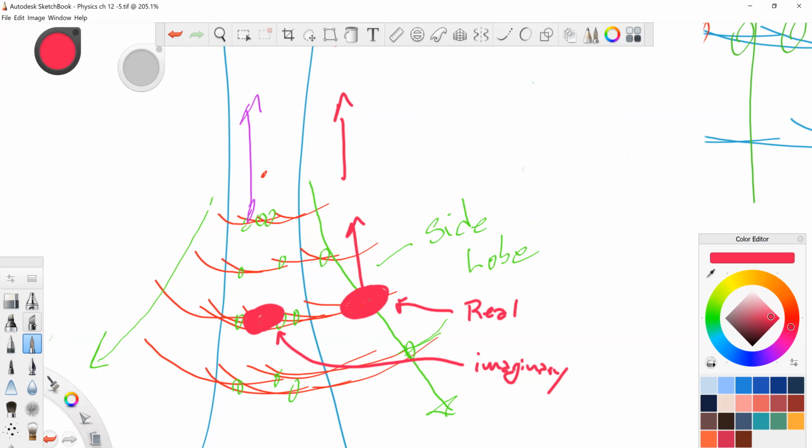The thing about this is that this doesn't always happen. This real object here had to be an object that reflected a lot of sound, so an echogenic object or structure.